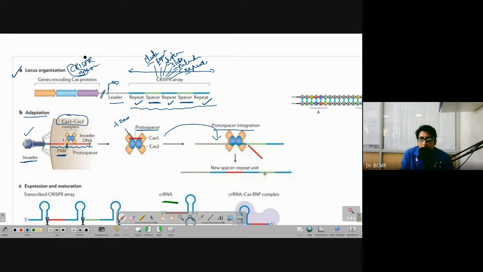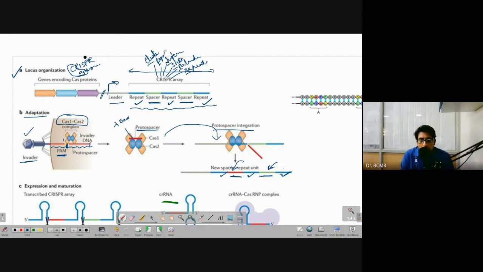So we have repeats, and these spacers are unique in the sense that all the repeats are similar, right? And this has been acquired at one point when a previous infection may have happened. Now this is a new infection that is happening, so this fragment is integrated into the DNA like this here.